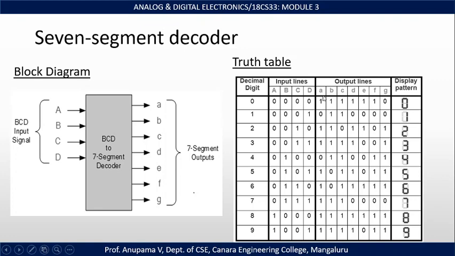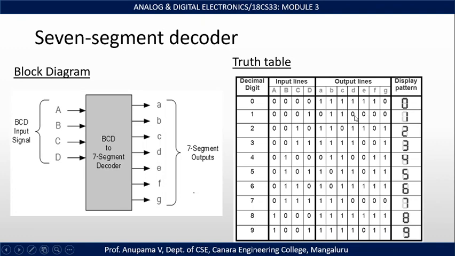So here a will glow, b will glow, c will glow, d will glow, e will glow, f will glow, but g will not glow. For the next entry, ABC is 0, D is 1. So that will display 1. 1 means a, d, e, f, g will be set to 0, b and c will be 1.